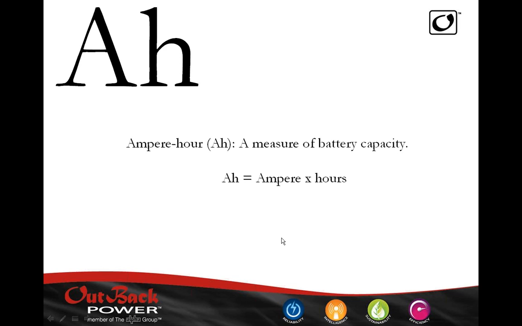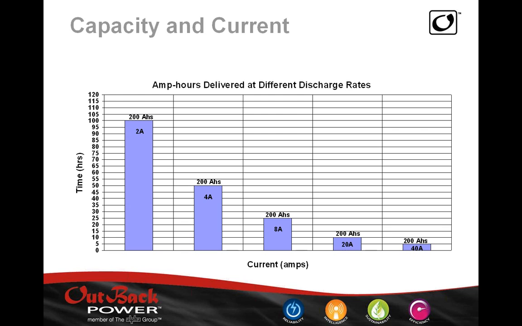Amp hour is a unit of energy that you hear about, and it's really just the product of the amps times the hours. So here, these tests are all 200 amp hours. In the first test, we discharge the batteries at 2 amps, and the batteries ran for 100 hours. So 2 amps times 100 hours is our 200 amp hours.